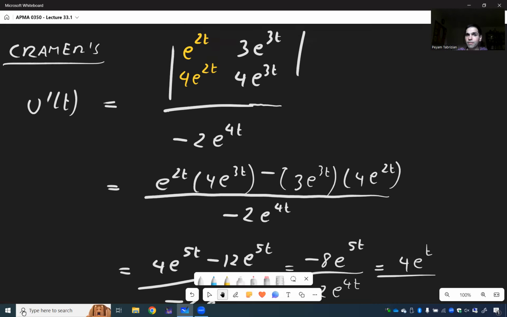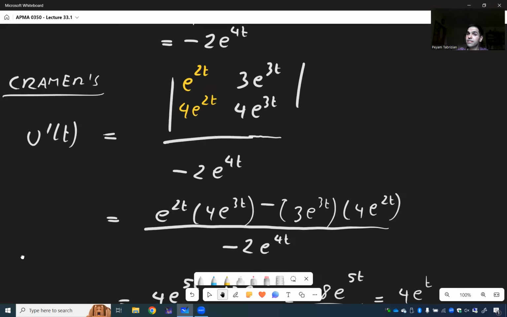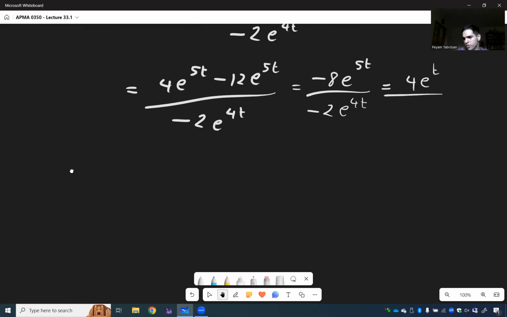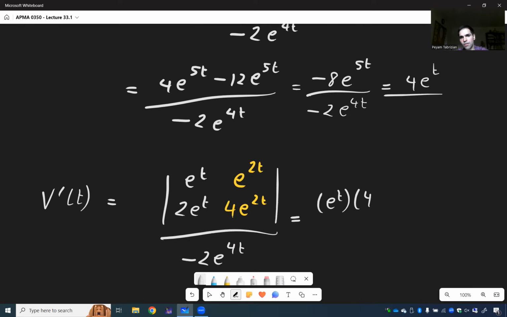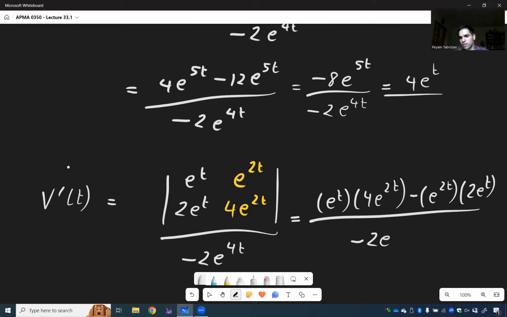So that is u prime. And then for v prime, you do the same spiel, but you replace the second column by the inhomogeneous term. So in this case, v prime of t becomes, so we have e to the t, 2e to the t, and inhomogeneous term e to the 2t, 4e to the 2t. And the denominator is the same, so minus 2e to the 4t, which now becomes e to the t, 4e to the 2t, minus e to the 2t, 2e to the t over minus 2e to the 4t.